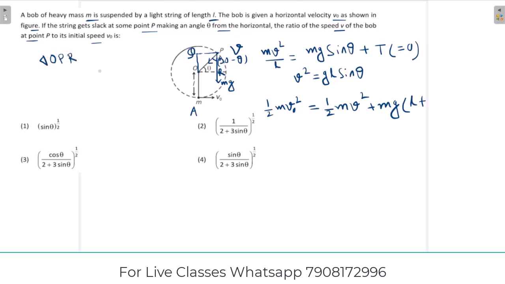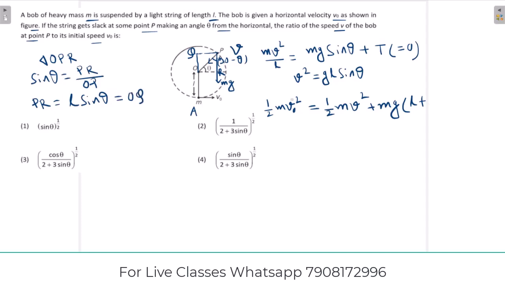From the triangle OPR we can find sin theta is equal to the height PR divided by the hypotenuse OP. So PR is equal to OP sin theta. Now OP is the length of the string, that is L, so PR is L sin theta. So PR is equal to OQ, which is L sin theta.